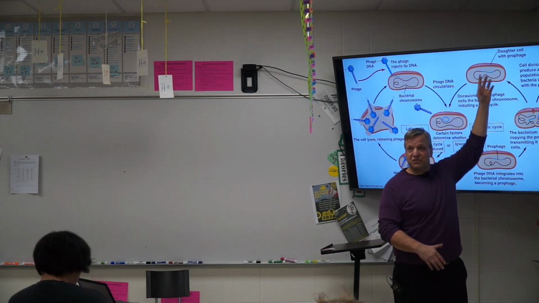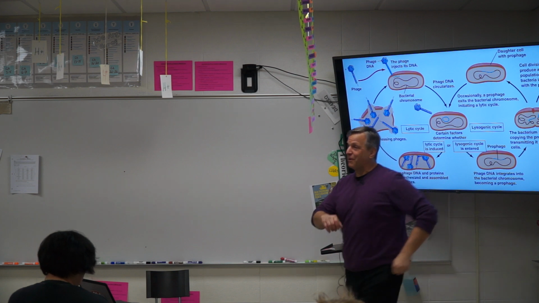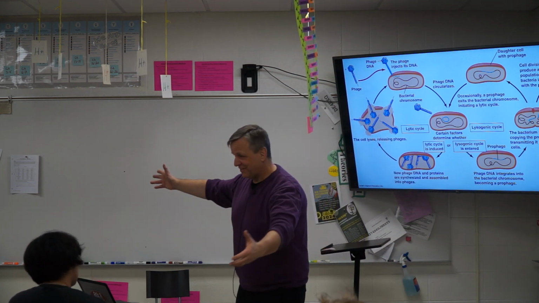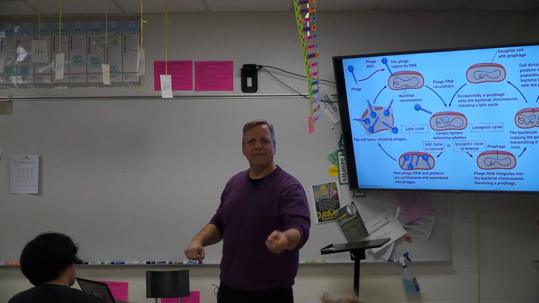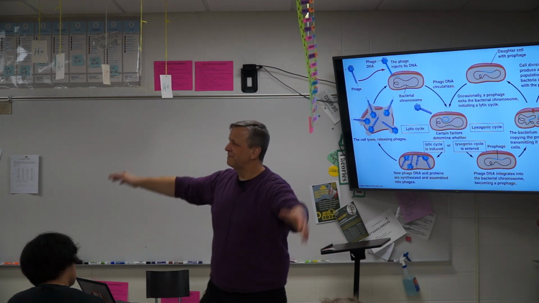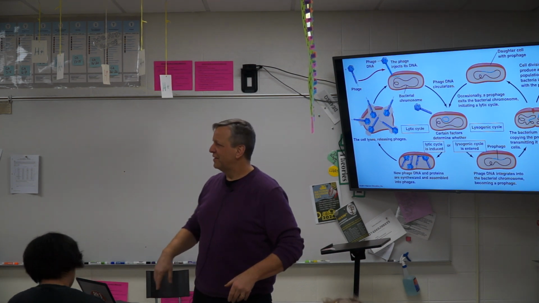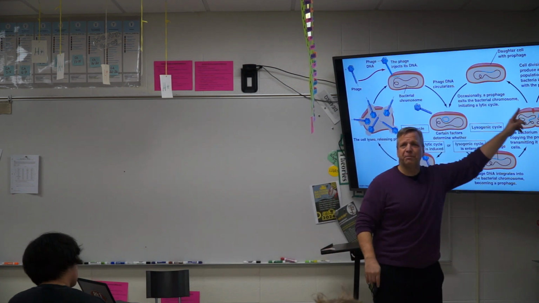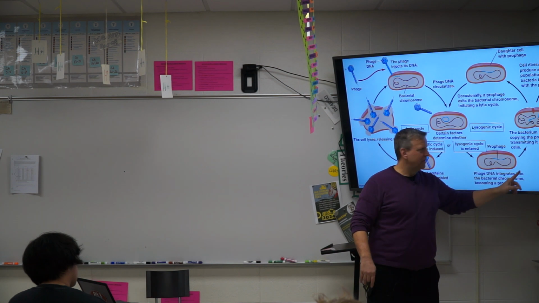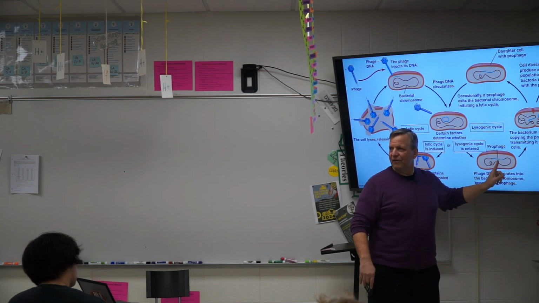And then this cell is just like, I don't know what's going on. It goes about its day, right? And it has kids. But guess what's true of its kids? They all have that DNA, and then its kids have kids, and their kids have kids. And so now we have multiple generations, and guess what's inside of each of those multiple generations of cells? Viral DNA.